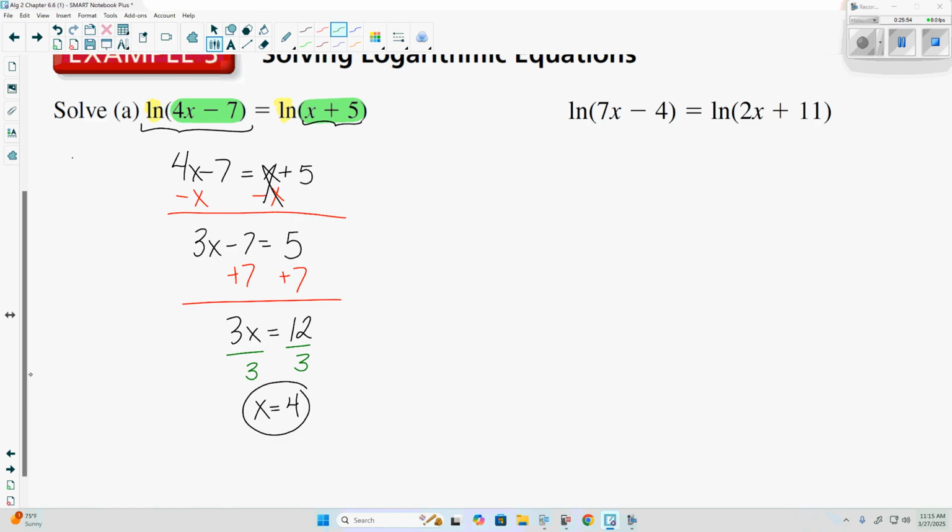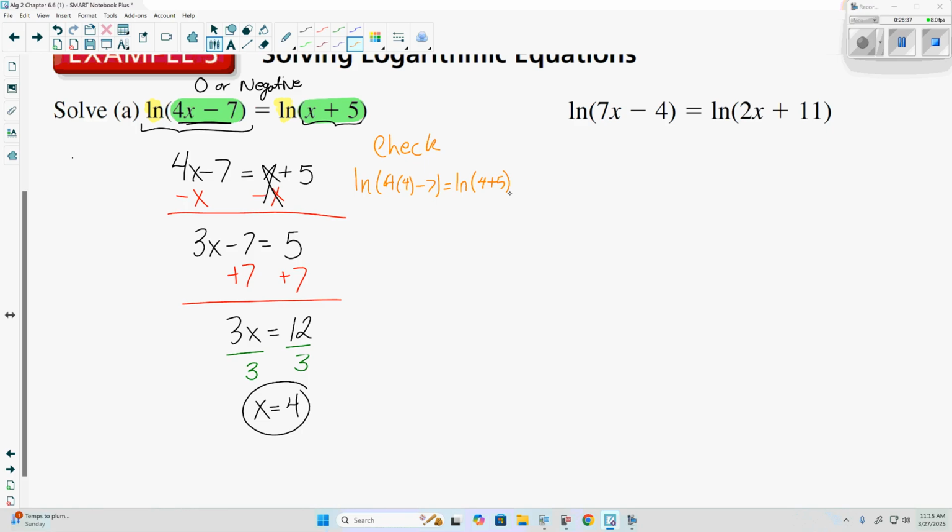And that's it. Now we do need to be careful with natural logs and logarithms because the value inside the log cannot be 0 or negative. And it's not so much that the value of x can't be 0 or negative. When we plug it back in, that value cannot be negative. So if we wanted to check this, we just plug 4 back in. We'd have the natural log of 4 times 4 minus 7 is equal to the natural log of 4 plus 5.